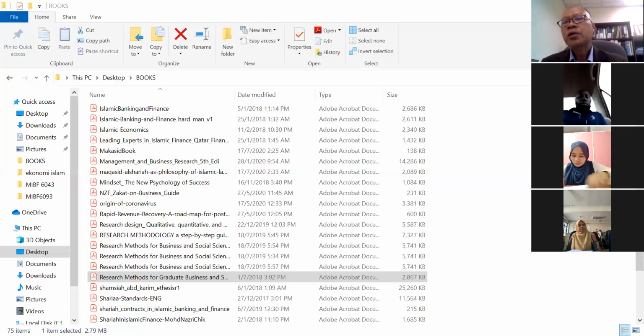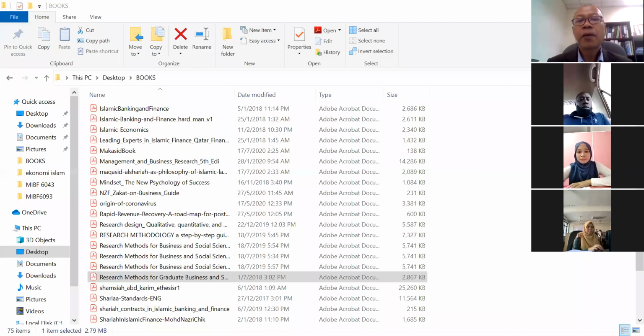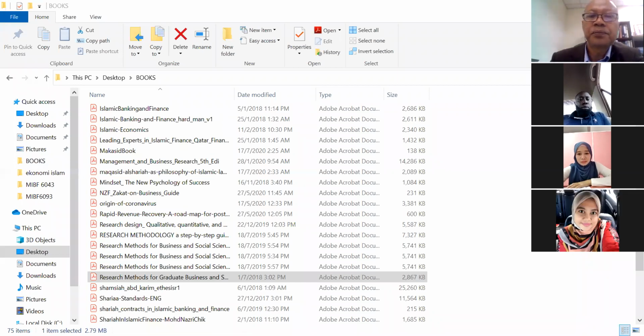In this step, you need to review a few journal articles or a few research or a few theses in order to develop hypotheses. For example, okay, let me show you. This is called the theoretical framework of the study.